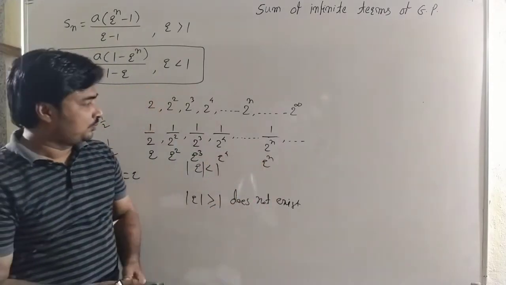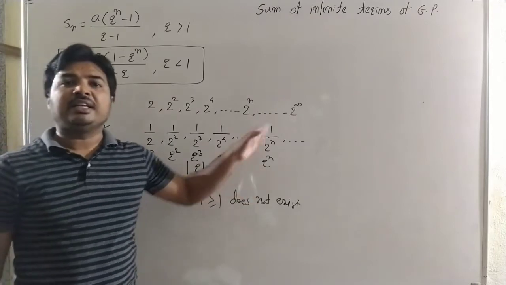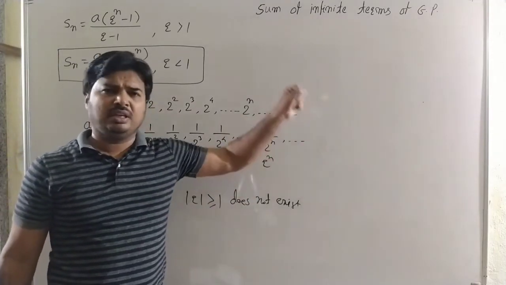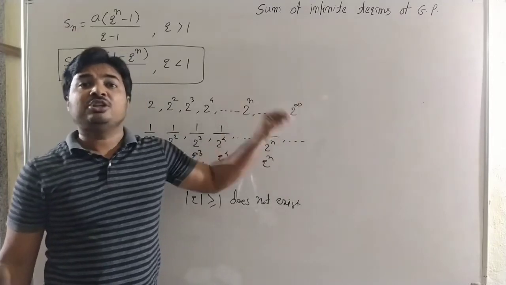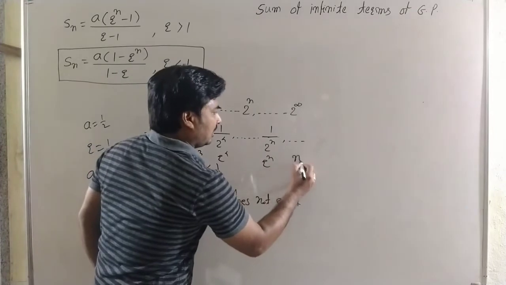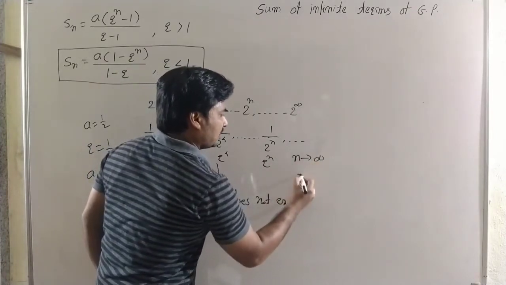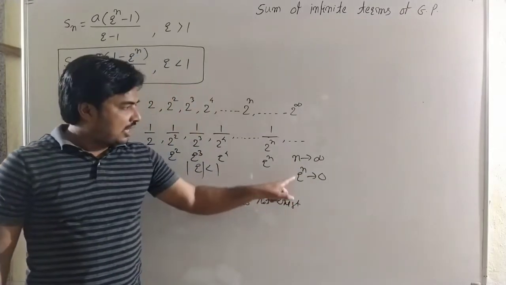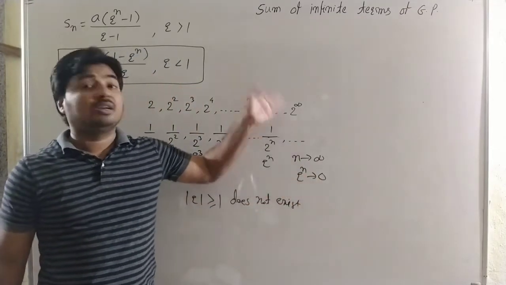See carefully: when n tends to infinity, r to the power n, the last term, the infinite term, tends to 0. That means r to the power n becomes 0 for the last term.